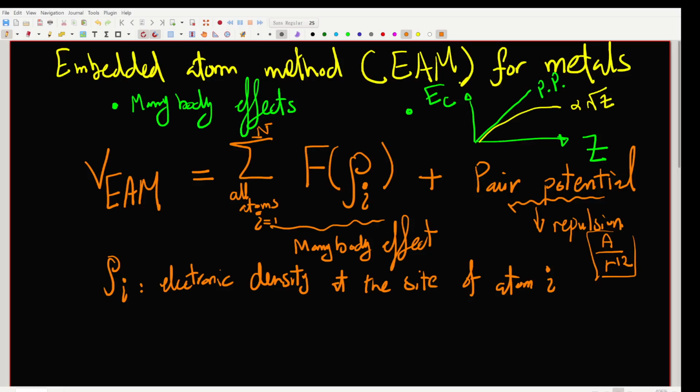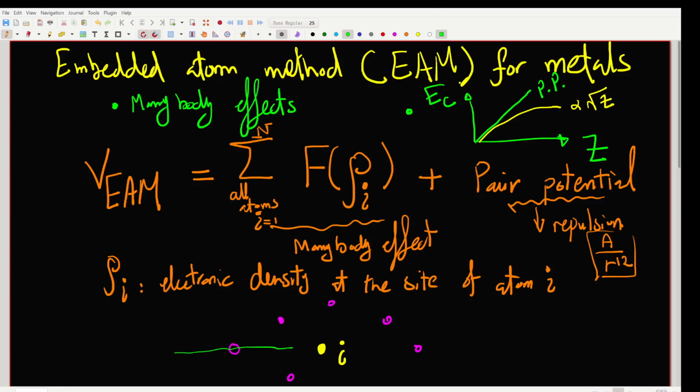How do you go about evaluating this many-body effect term? Suppose I have an atom i sitting here in this location in space, and it is surrounded by some neighboring atoms. Each one of these atoms has an electronic cloud, or electronic charge density, surrounding it.